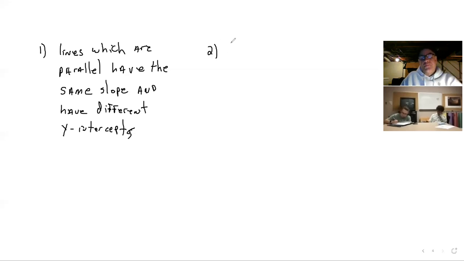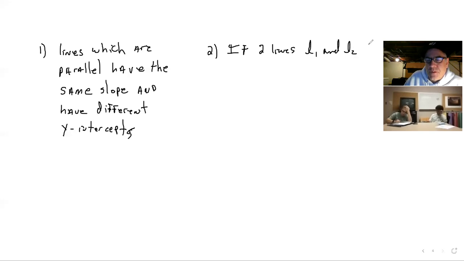And 2. If two lines L sub 1, L sub 2, and I'm going to write here with slopes M sub 1, M sub 2, respectively.